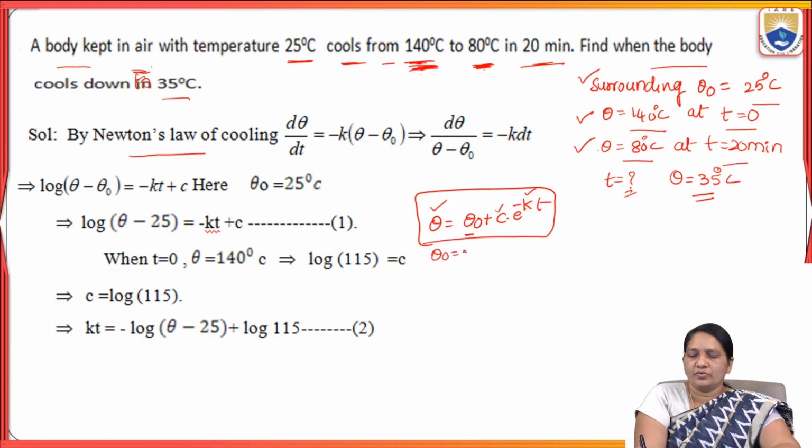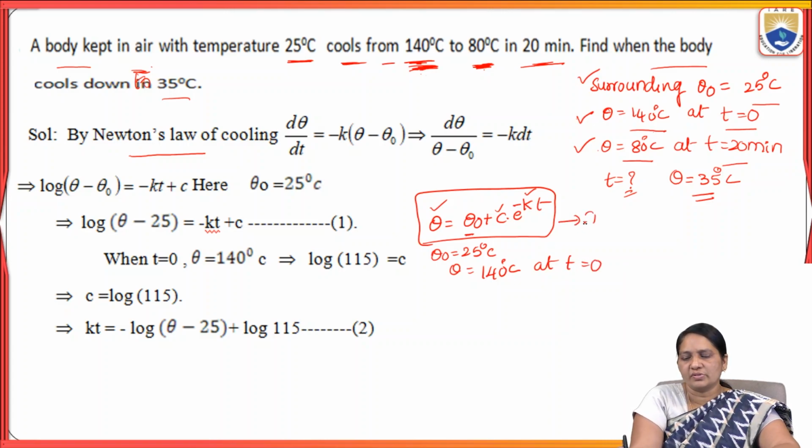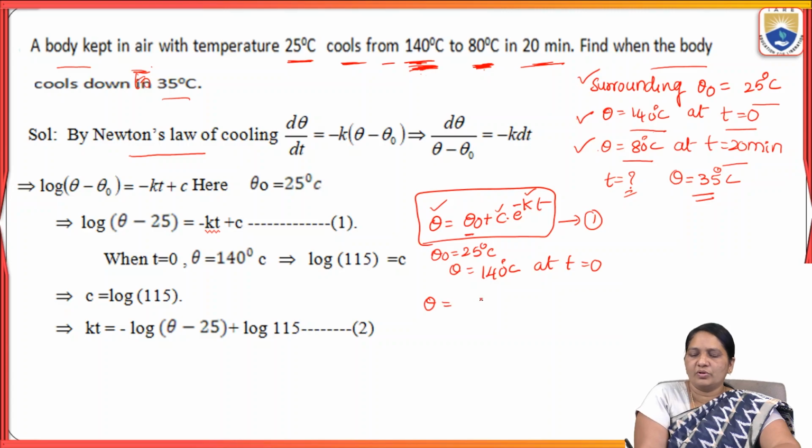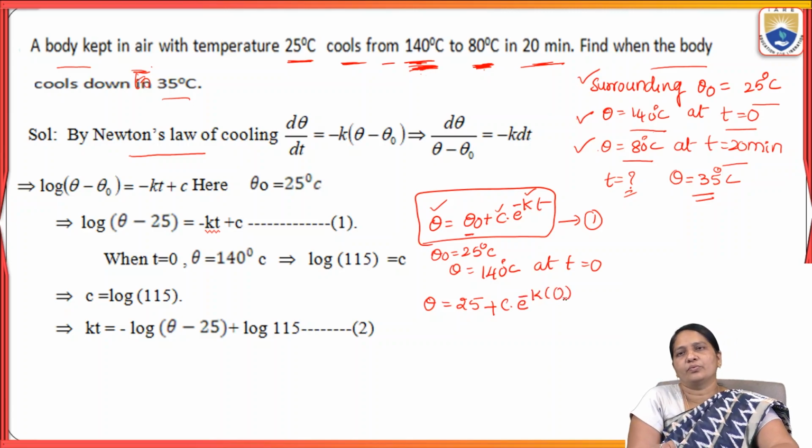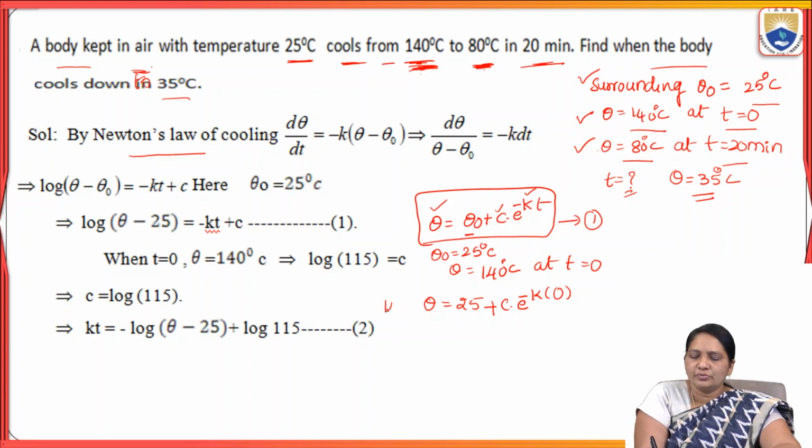Here theta naught value is 25 degrees C, and the first condition is theta equal to 140 degrees C at t equal to 0. This one I am going to substitute in equation 1. So theta equals theta naught, 25 degrees, plus C into e power minus k into t, which is 0. The theta value is 140, so 140 equals 25 plus C into e power 0, which is 1.